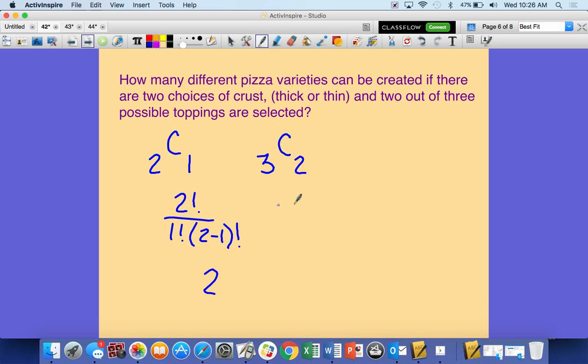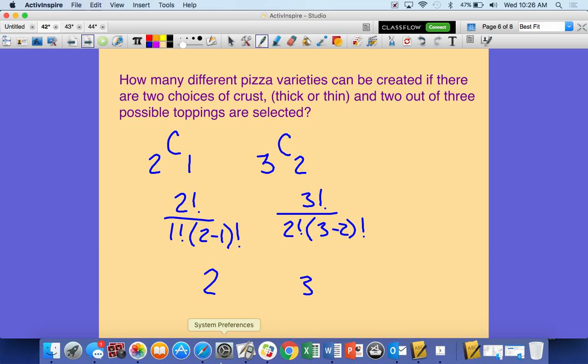Alright, for our next one, 3 factorial on the top over 2 factorial times 3 minus 2 factorial. This is a 1, that's a 2, and 3 factorial is 6. So 6 divided by 2 is 3. And then it says and in between them.